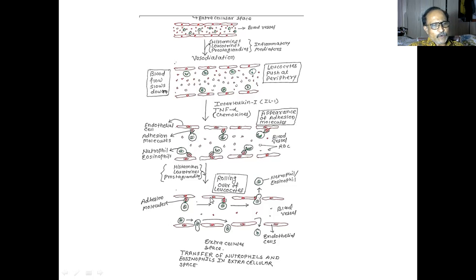They roll like this, and due to rolling, these attached leukocytes escape from the gap between endothelial cells.